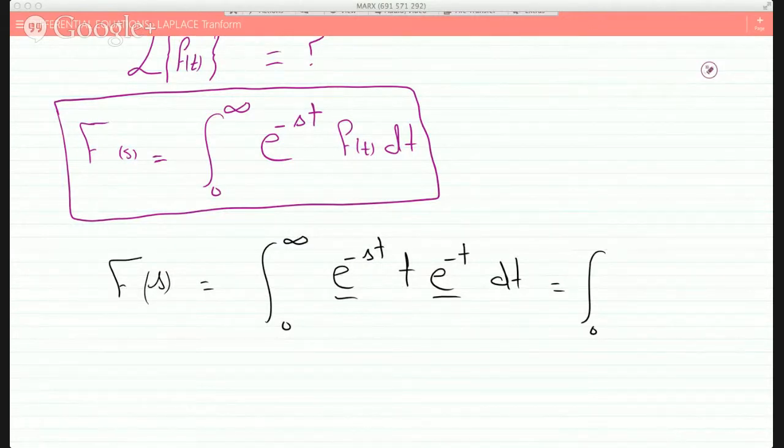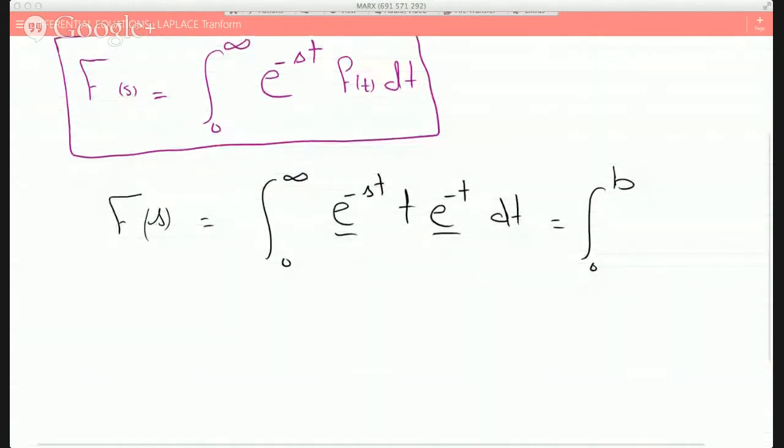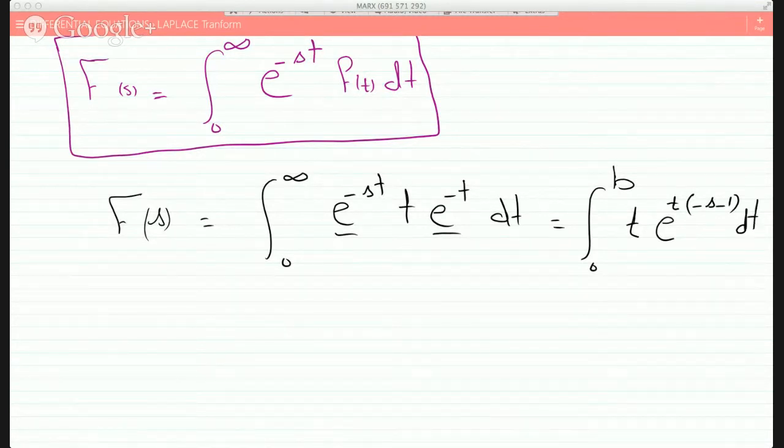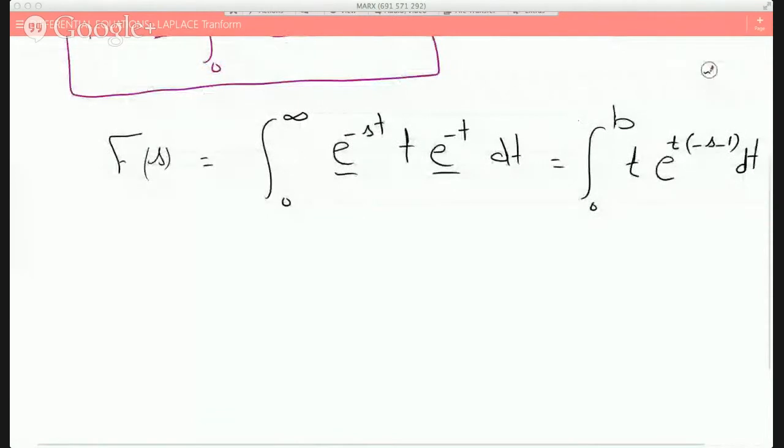Or we can relabel that infinity as b, as we do in improper integrals in calculus, and then we combine the exponentials into t e to the t times minus s minus 1 dt. When we're done, we take the limit of this answer as b goes to infinity.